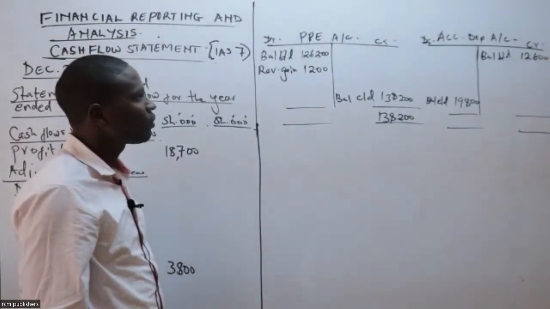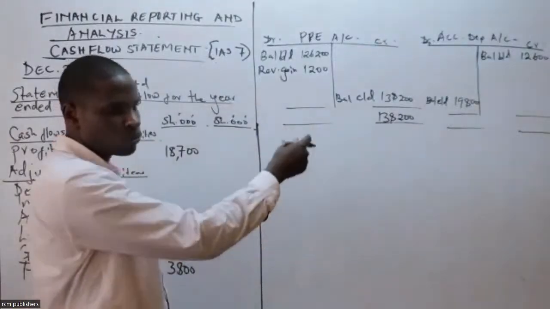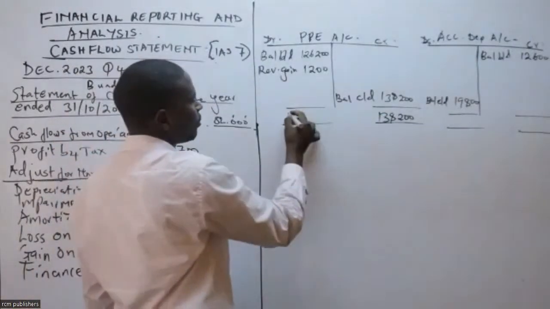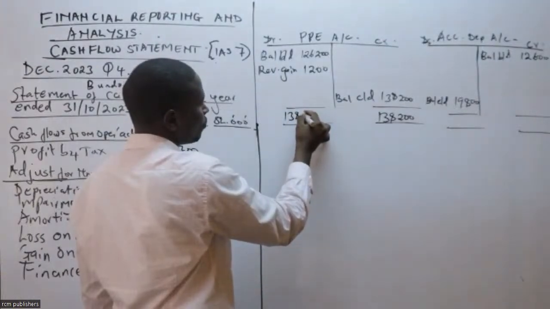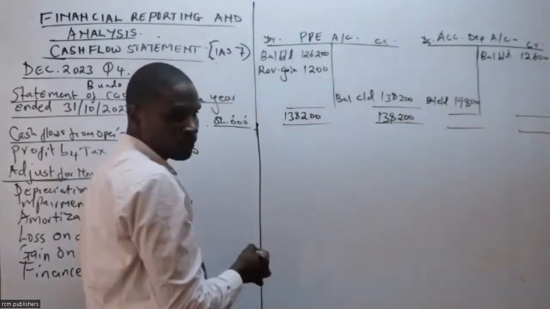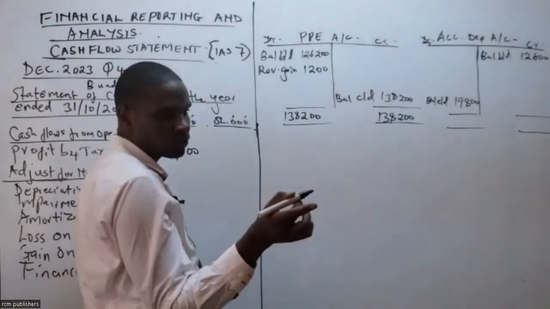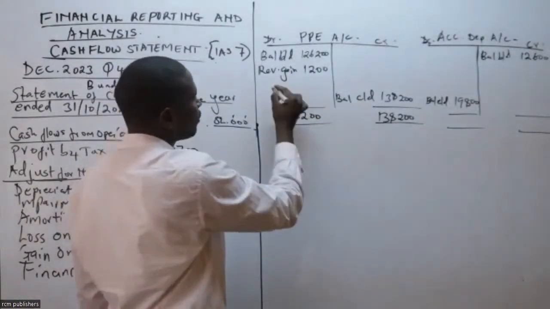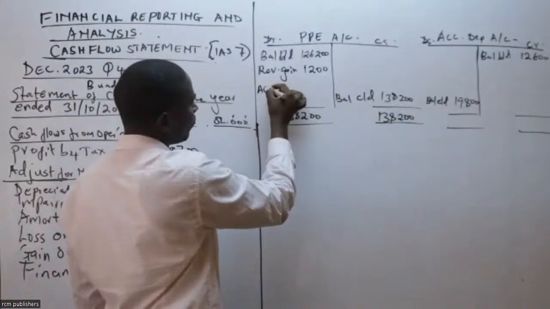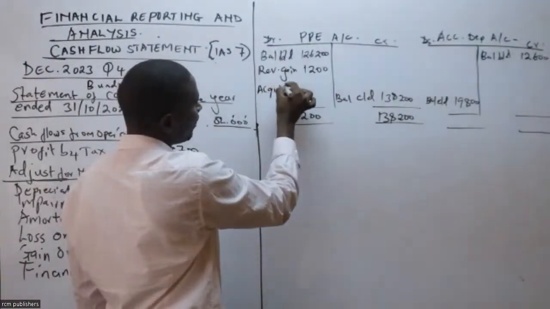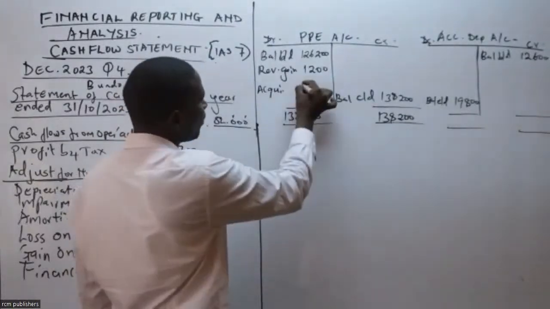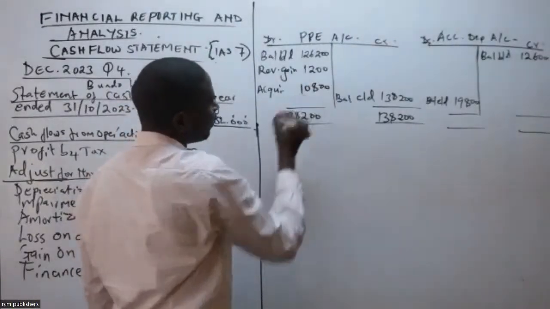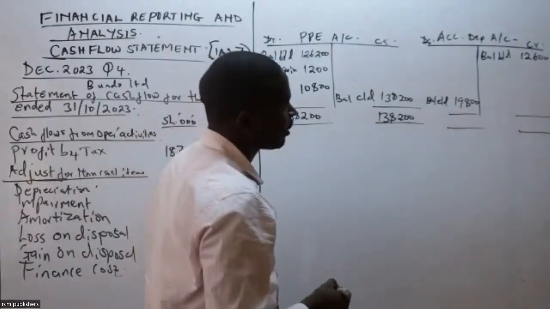Therefore, subtract 127,400 from 138,200. Then we get acquisition. They acquired PPE worth 10,800, and we are done.